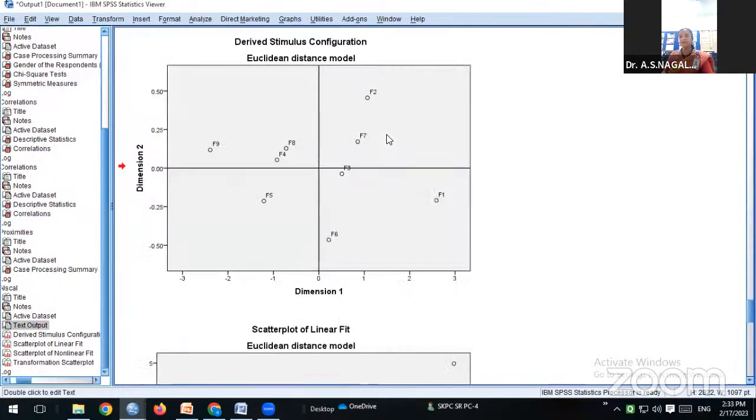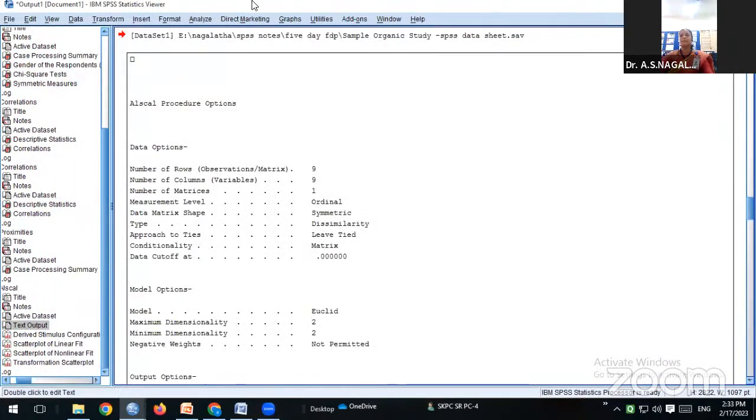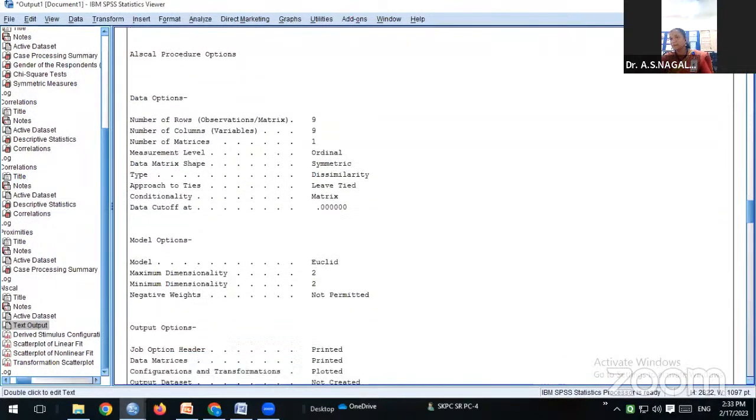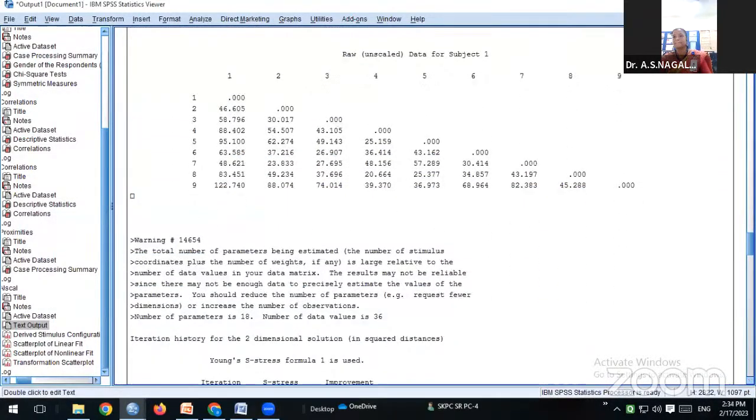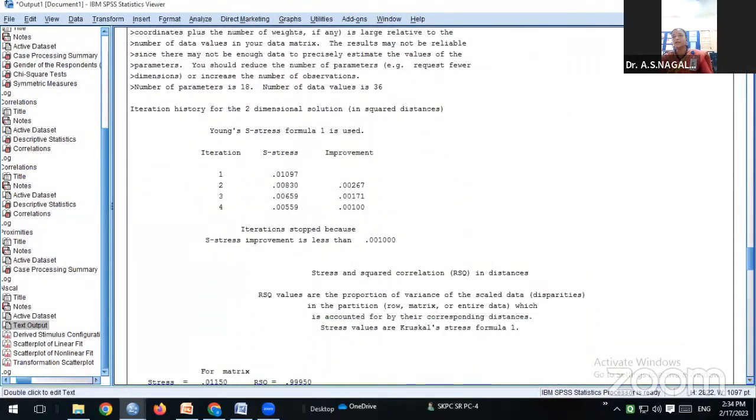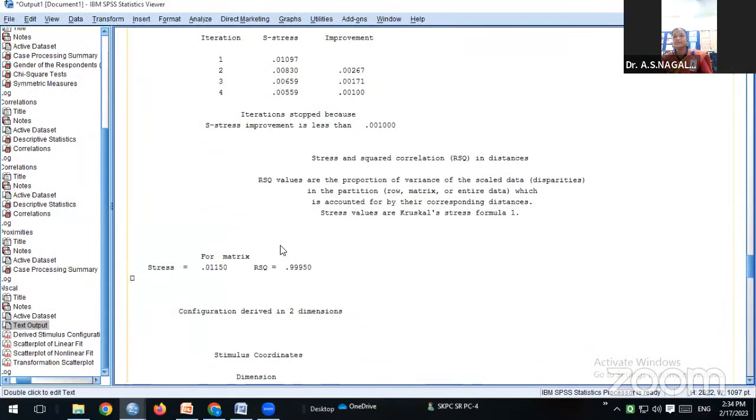So with this, the machine gives the output. We are not looking into all of this. We are looking into only these aspects. Are you able to see the stress is 0.011? The error is 0.01 only.